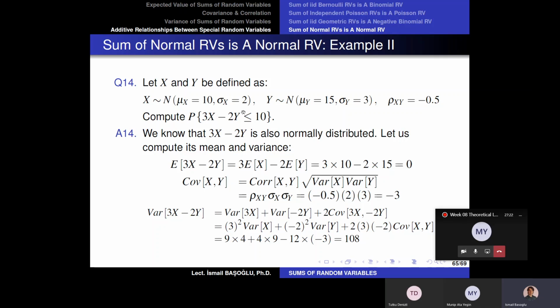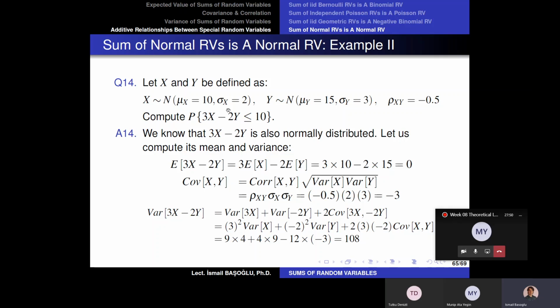Why? Because this is a linear function. Linear transformations of normal random variables are always normally distributed. So we know that 3X minus 2Y is both a linear transformation of X and Y, and it is also a summation operation. So subtraction is a kind of summation, if you remember from yesterday's course. Therefore, 3X minus 2Y is also going to be a normally distributed random variable.